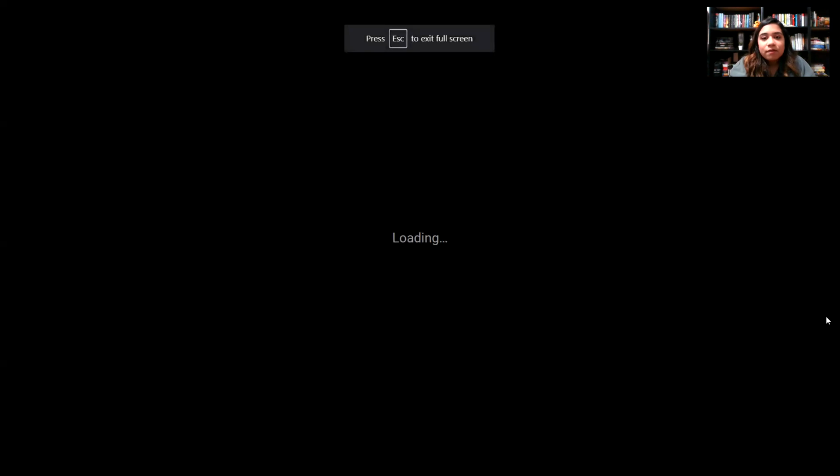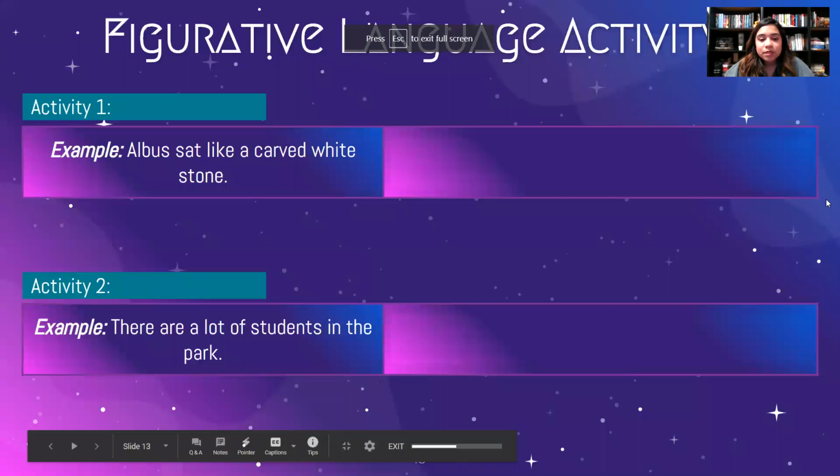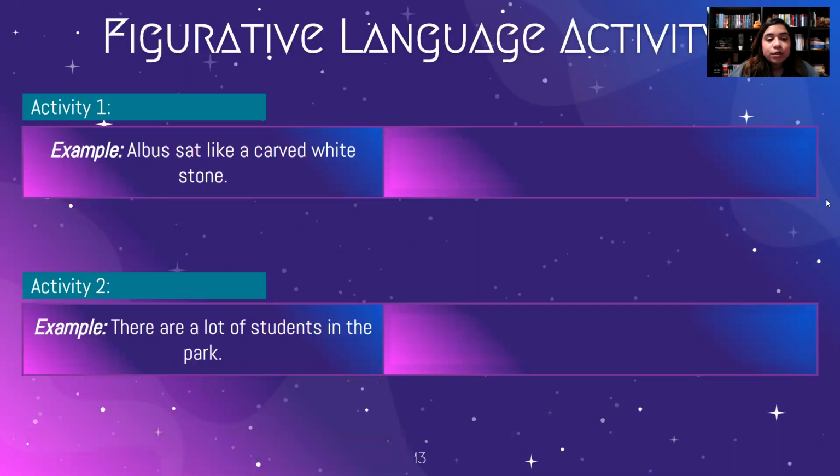So I have here the examples that we have in the text, and so we're going to do the 2 examples together. So for the first one, it says, Albus sat like a carved white stone. And this is the easiest one, and I know that you guys know this one the best, which is why I didn't give it to you as an option and why I'm doing it for an example. But automatically, we know that this is a simile because of the word like, right?